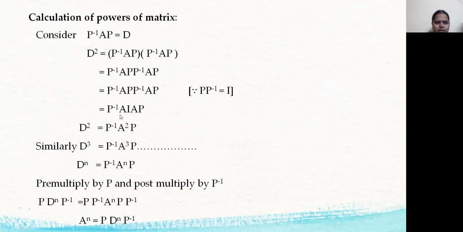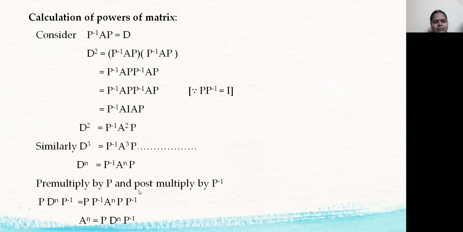So we get P inverse A square P. Similarly, D cube will be P inverse A cube P, and if we go on, we get D power n as P inverse A power n P.